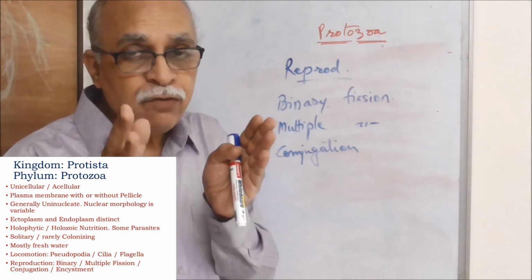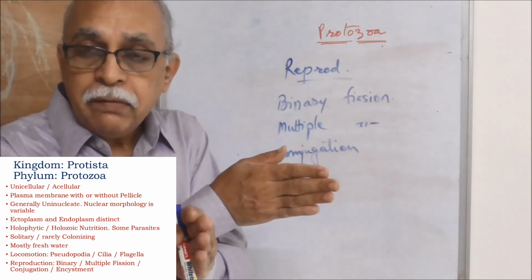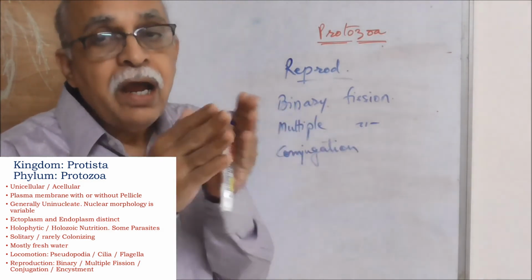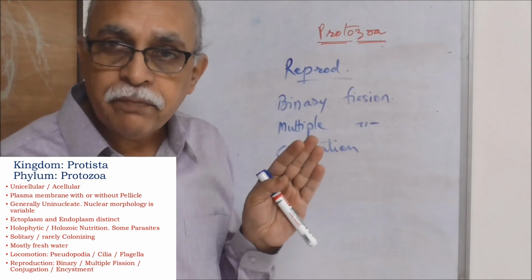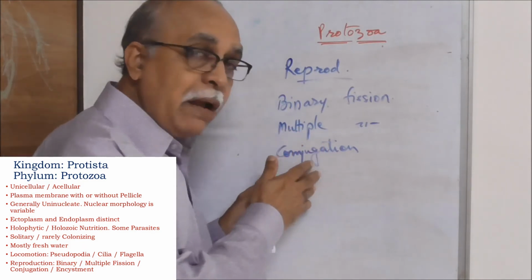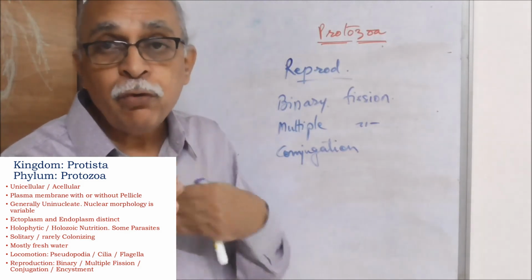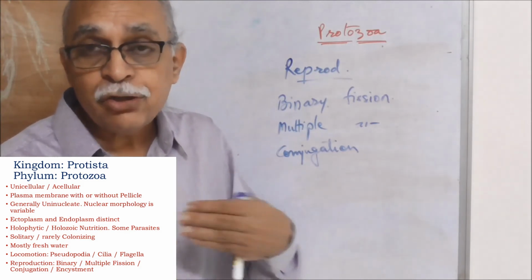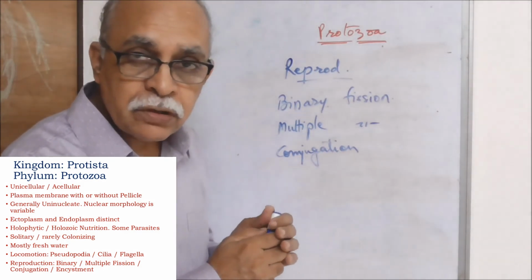Part of the nuclear contents from one cell would be exchanged with part of the nuclear contents of another cell. Then the cells would separate and would start undergoing again binary or multiple fission, whatever. So in conjugation, rather than reproduction, it's a method of exchange of nuclear material, exchange of DNA, exchange of chromatin. That can take place in some of the protozoans.